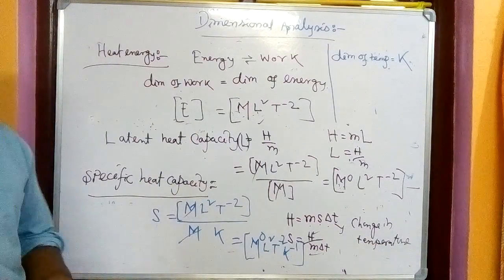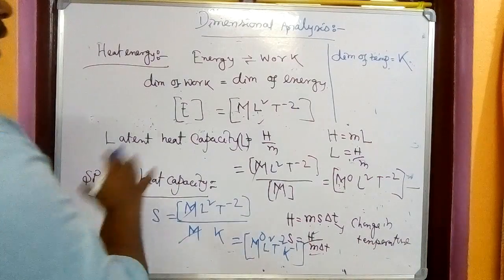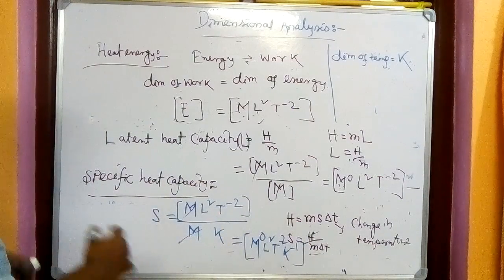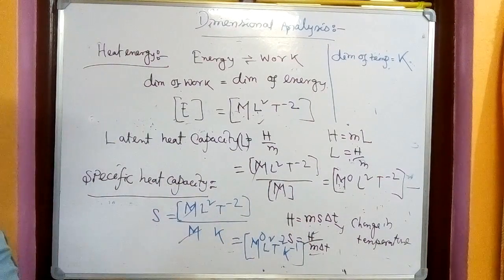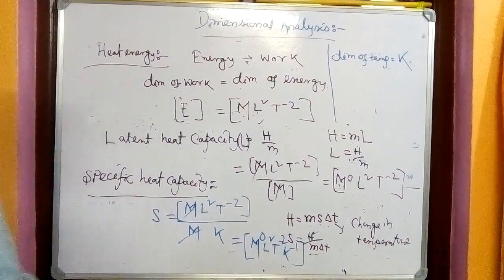This is the dimension of specific heat capacity. So what have we done? Nothing. We have just made the unit of temperature its dimension. Okay. That is the dimensional analysis of heat.